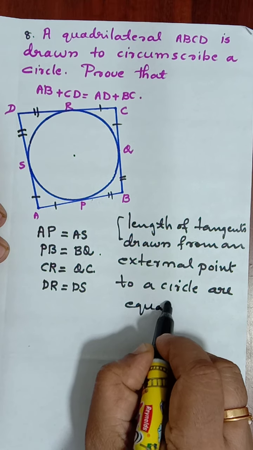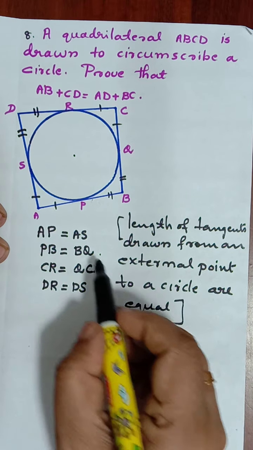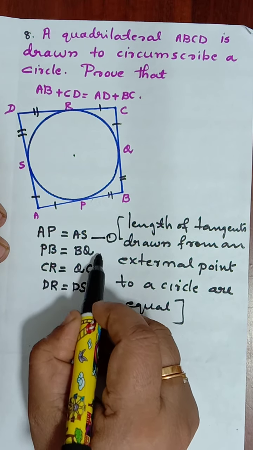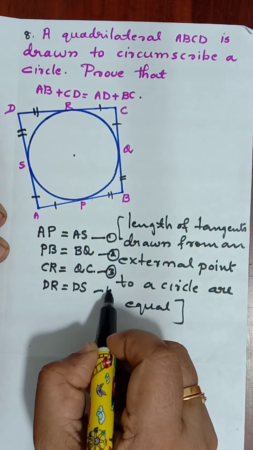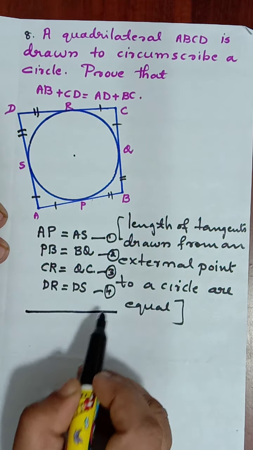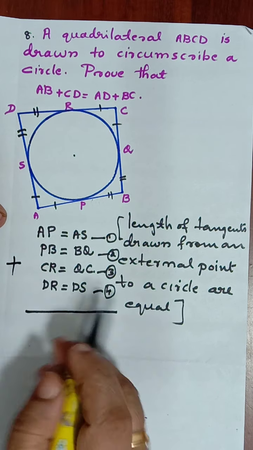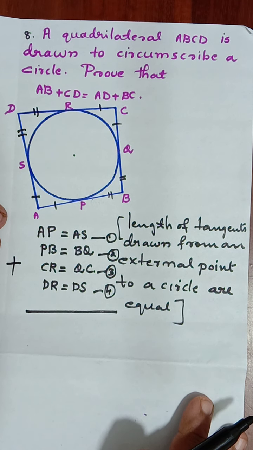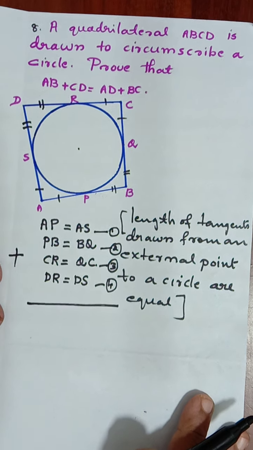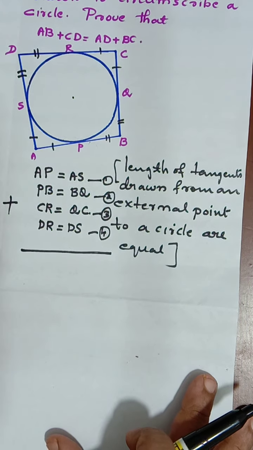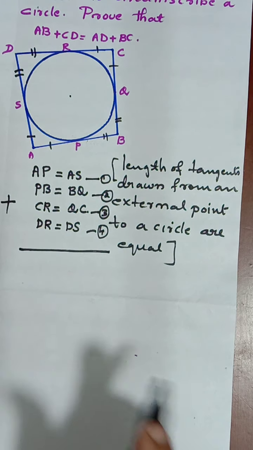This is common for all these four equations. Let us mark them as equations 1, 2, 3, 4. Now we are going to add these four. Why do we add them? We are adding in order to get our left hand side equal to the right hand side. It is easy to get it. So how do we do that?